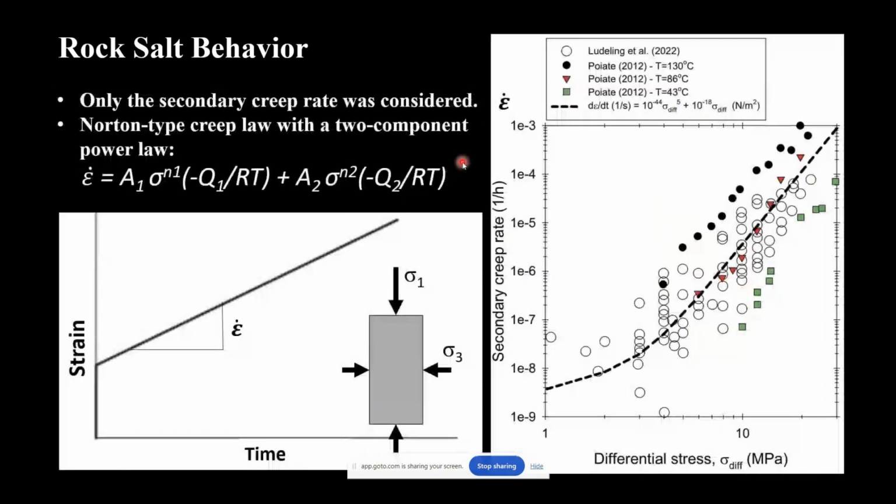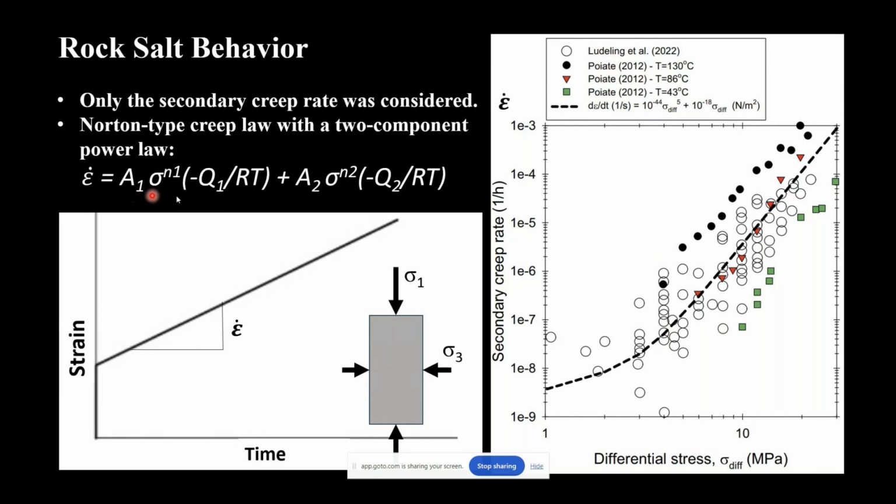So to simulate the rock salt behavior in this model, I consider only the secondary creep rate for the reasons I just explained. And I selected a Norton type creep law with two components power law. This is perhaps the simplest creep formulation that exists. And here we have two components, and each component represents a different creep mechanism.